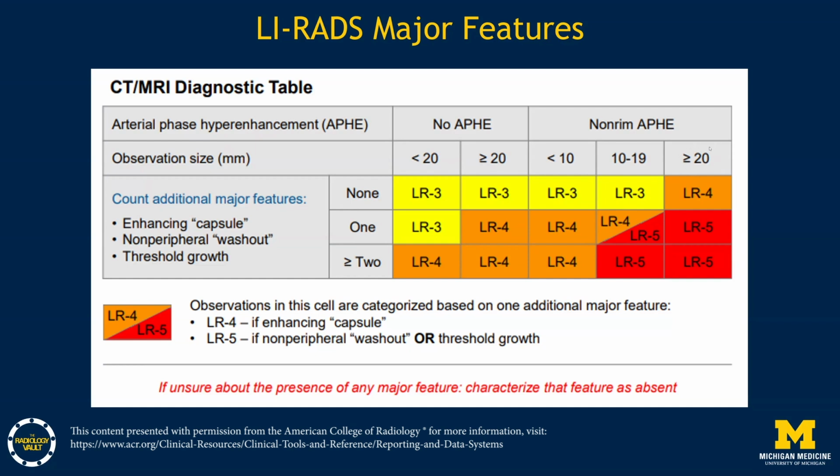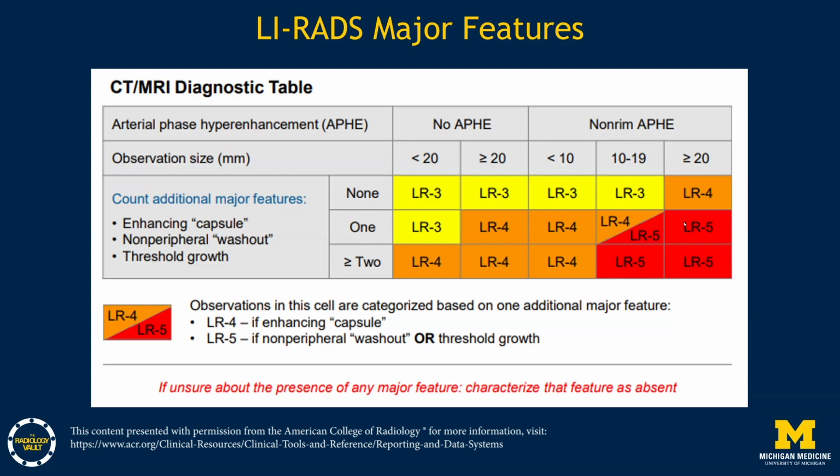And an observation which is greater than 20 millimeters but has only one major feature, which is arterial phase hyperenhancement, will be an LR4. Now, if it has more than one feature, then it will be classified as an LR5.